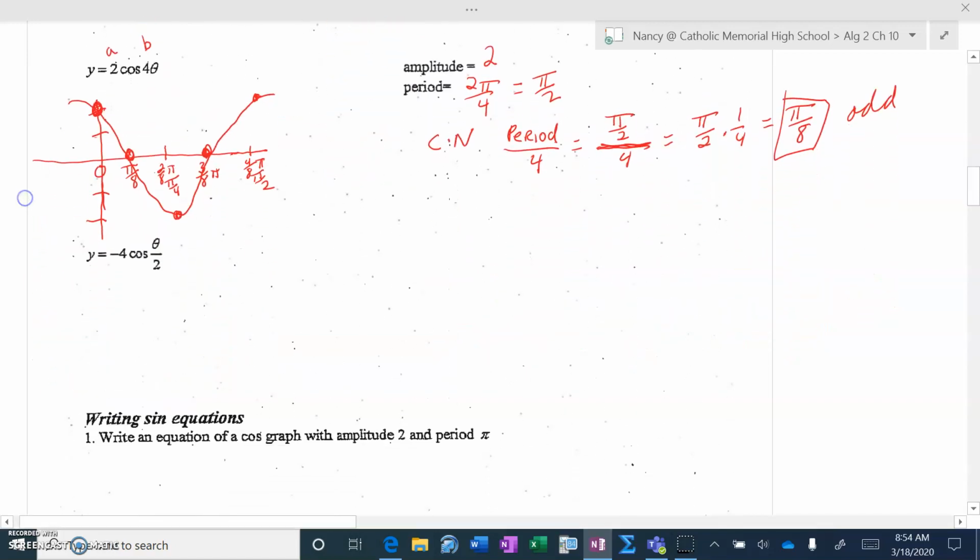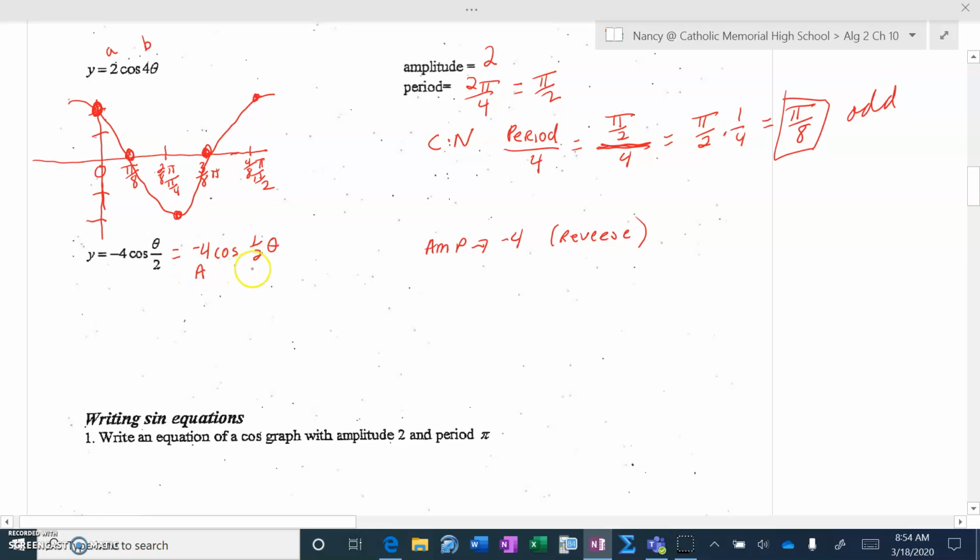So if I look at the next one, now I have an amplitude number of -4. And if you remember, we talked about that yesterday: when the A is negative in all of our functions, whether it be a parabola, the exponential, the logs, radicals, all the functions that we've studied, it reverses the graph. So this is going to be an upside down or a reversed graph because of that negative A. And again, -4 cos theta over 2 is the same as -4 cos 1/2 theta.